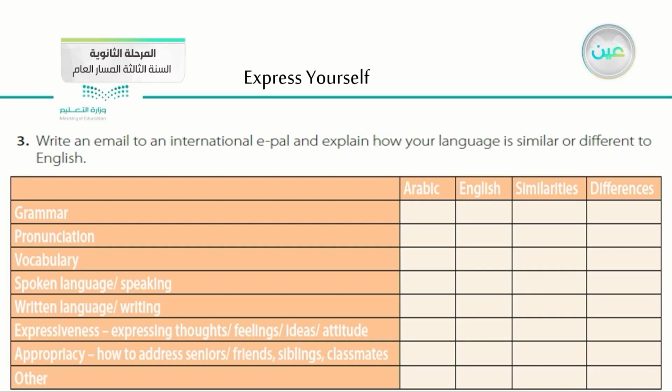All these are criteria that you can compare while you compare between Arabic and English. You can write about the similarities or the differences between Arabic and English in terms of these criteria.